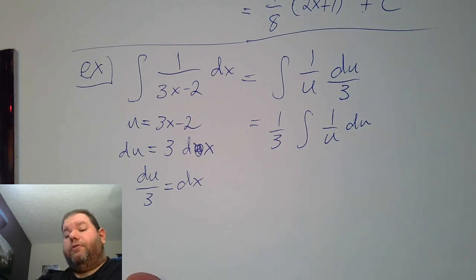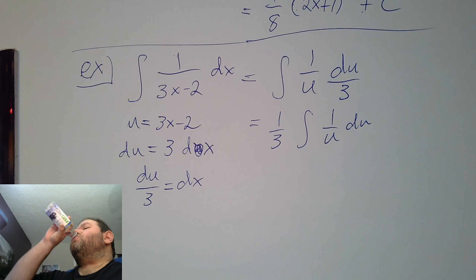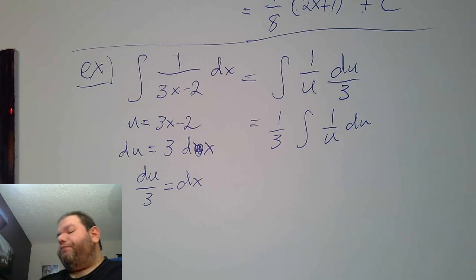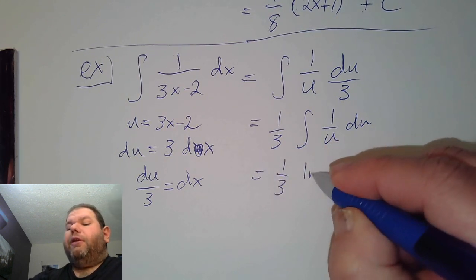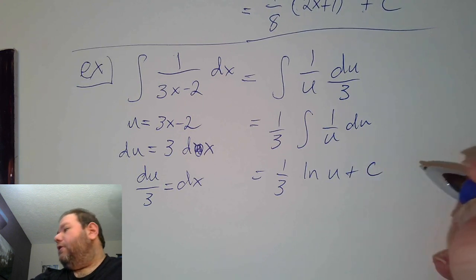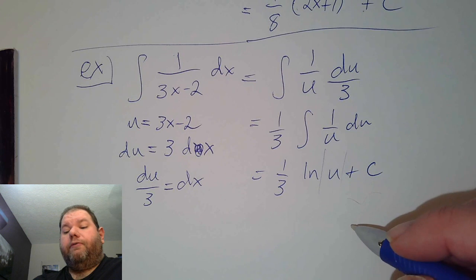What is the integral of 1 over u du? Yes, natural log of u. So we'll end up with 1/3 natural log of u plus c. Now, technically we should put absolute value bars around u.